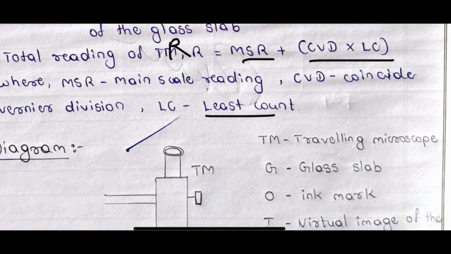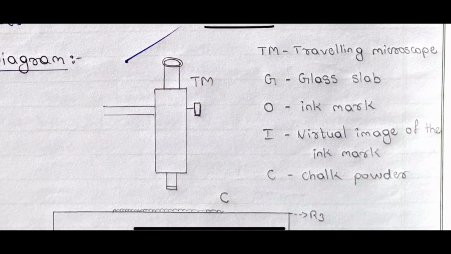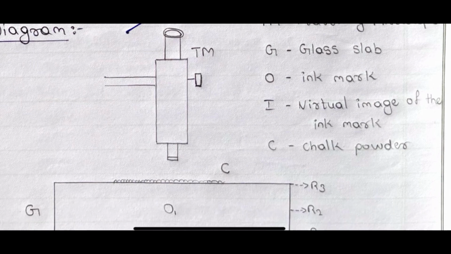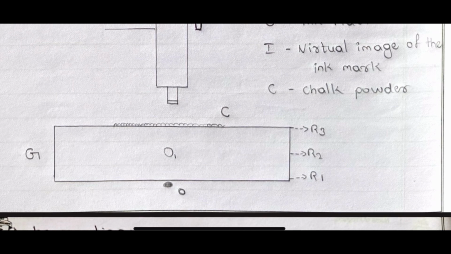This is the least count, and this is the respective diagram of a traveling microscope with which we are going to find the refractive index of glass. This is R1, this is a spot. This is R1, R2 and R3.